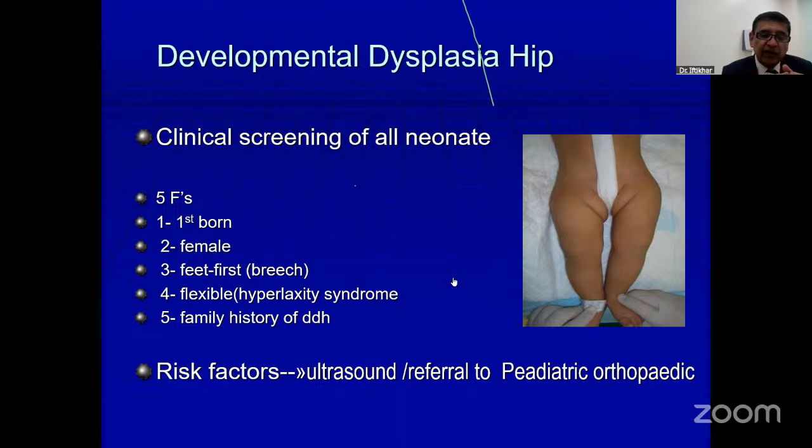If they are already at the edge, borderline or subluxated, they will remain subluxated or even become dislocated during this time period. So the diapers do not help at all for the treatment. Like I said earlier, you can use them for a short time, temporarily, not as a treatment, but only until you get the treatment.